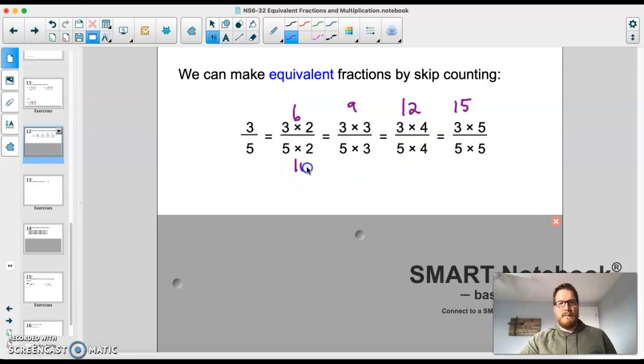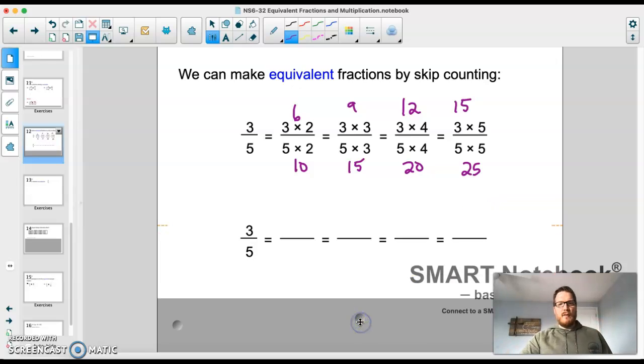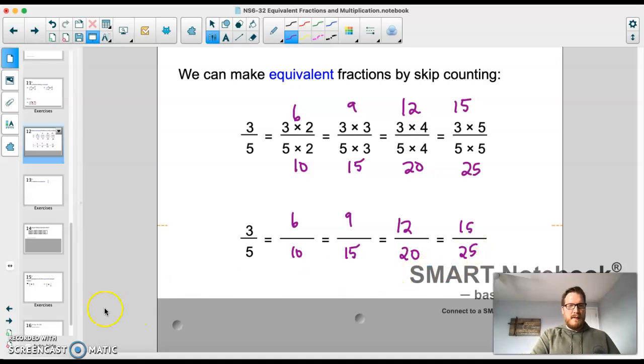And then down here it's 10, and it's 15, and it's 20, and it's 25. Right, and so that's skip counting. And skip counting is just a quick way to do multiplication as well. So we would end up with 6 over 10 and 9 over 15 and 12 over 20 and 15 over 25. And that's a quick way to skip count a bunch of different equivalent fractions.